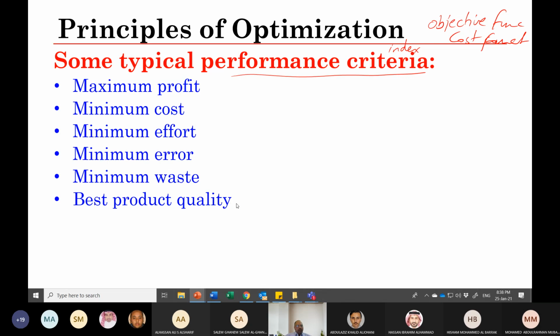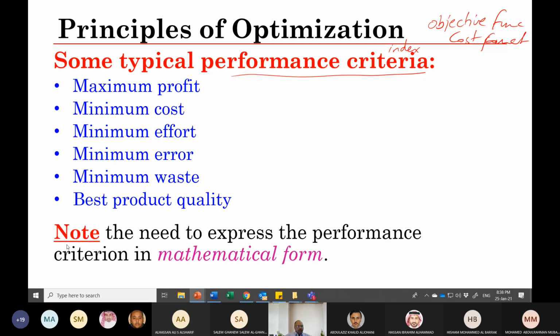Best product quality, you have to maximize the quality of the product. The need to express the performance criteria in mathematical form. So you have to express your performance index or performance criteria in mathematical form.